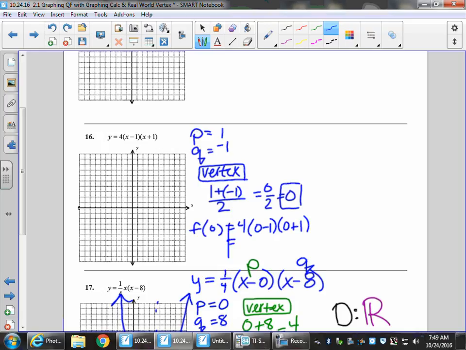What'd you guys get? Do I know 3 points to graph? What 3 points do I have? Here's 1 intercept. Here's another one. So I have my two intercepts. So when they're saying 1, they're saying 1, 0, and negative 1, 0. What else do I know?